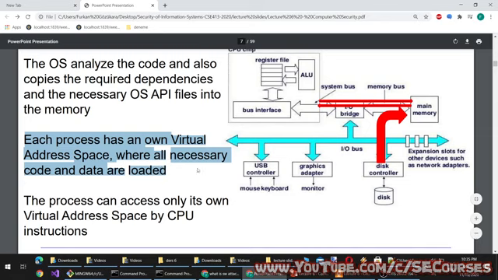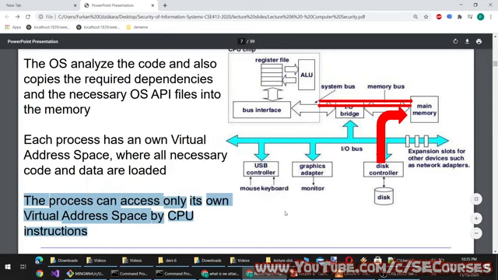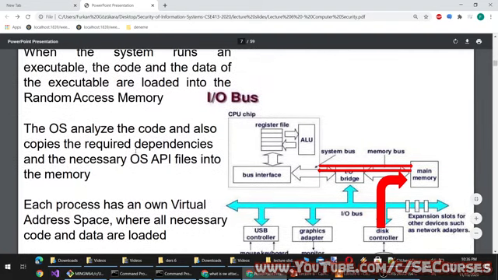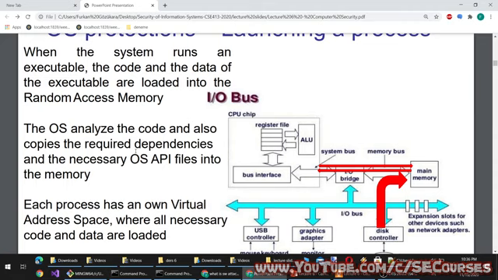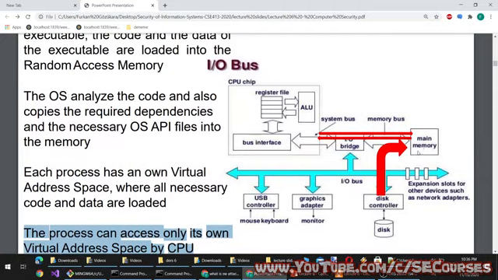Each process has its own virtual address space, where all necessary code and data are loaded. The process can access only its own virtual address space by CPU instructions. So each process is encapsulated within its own private memory section. Therefore, they are not able to, let's say, modify other processes' memory. Okay. So we can see how it is done here.